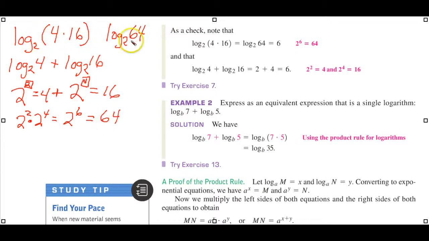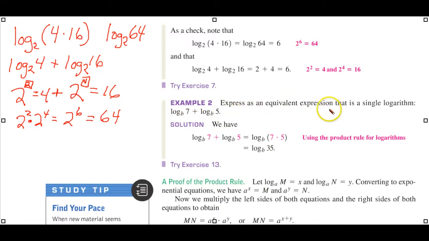So there you see, again, we're just showing you how to interact with logs and exponents, and then being able to simplify it or express it in these terms that we're doing down here. Okay? So let's look at example 2 then.